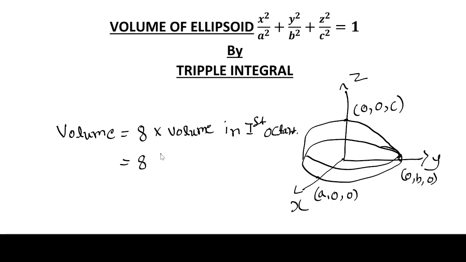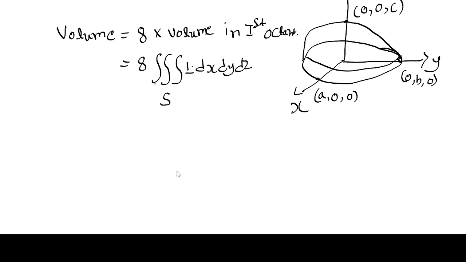Now for the first octant, or for any three-dimensional object S, volume is given by the triple integral of dx dy dz. The integrand function is nothing but 1 here. To evaluate this integral, first we need to write the limits for this integration.